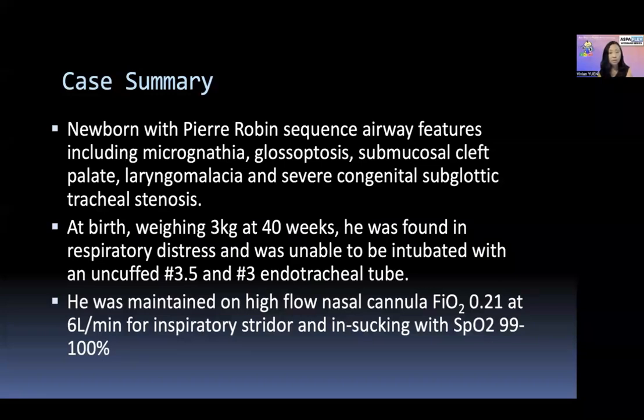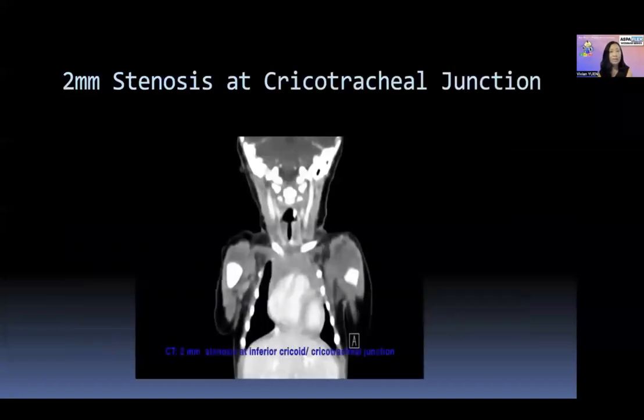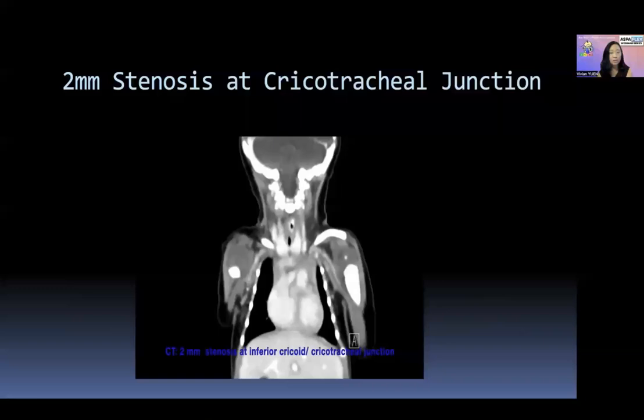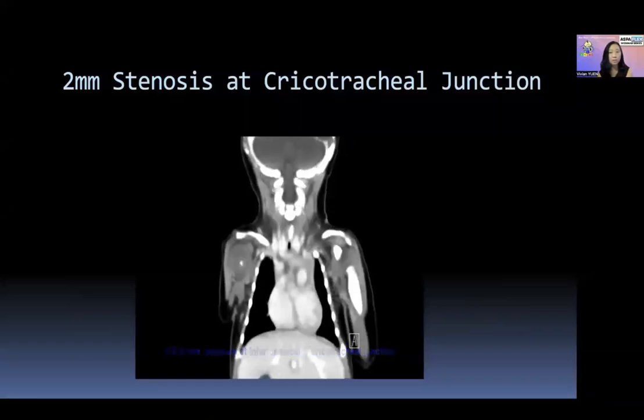He was maintained on high flow nasal oxygen with a FiO2 of 21% with good oxygen level. Subsequent CT revealed severe stenosis at the cricotracheal junction.